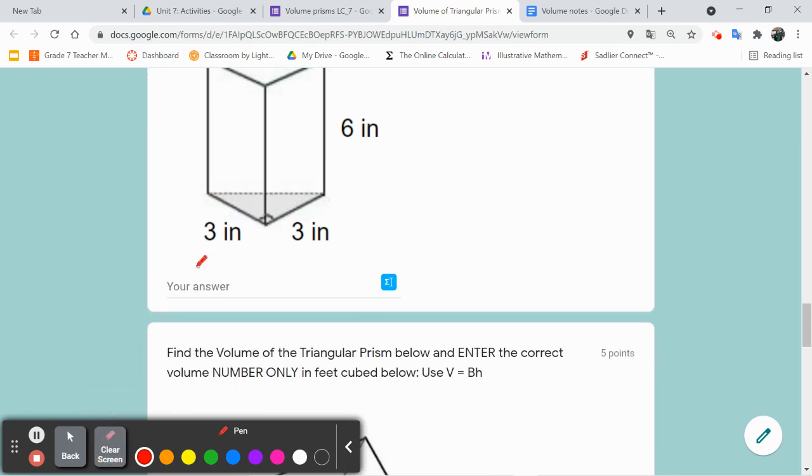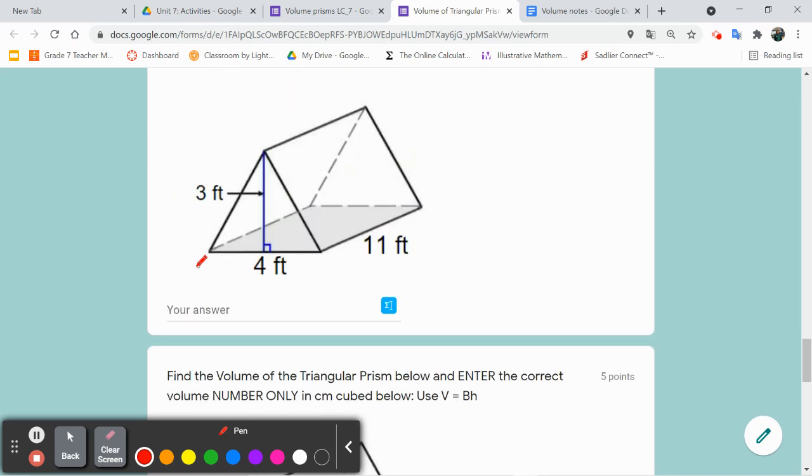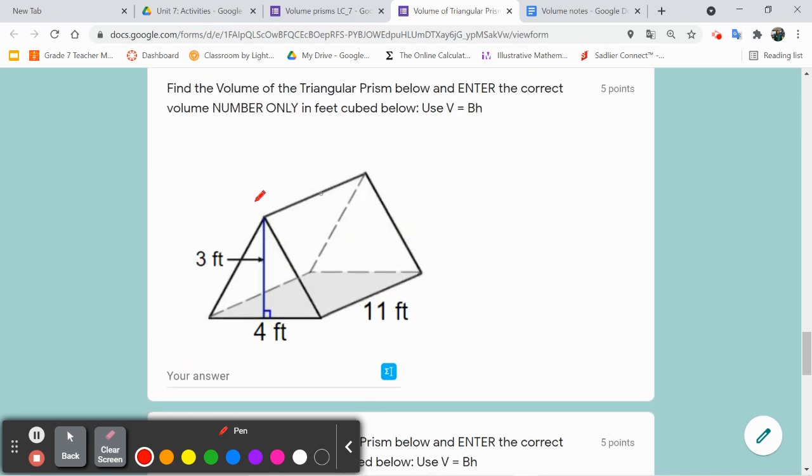All right. This one is not sitting on its bases. Instead, it's sitting on one of its sides. So again, your formula, and you're entering the answer. And this is going to be in feet cubed. But all you have to do is enter the number only. So again, you're going to use the formula. Volume equals the area of the base times your height. So find my base. It's a triangle. How do I know that?